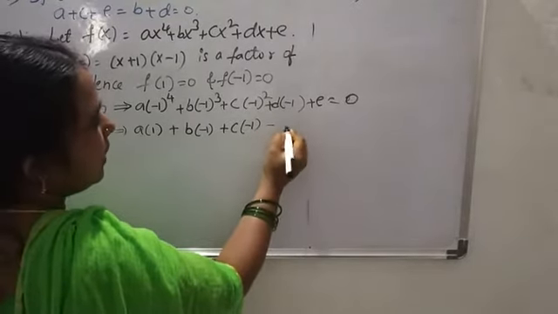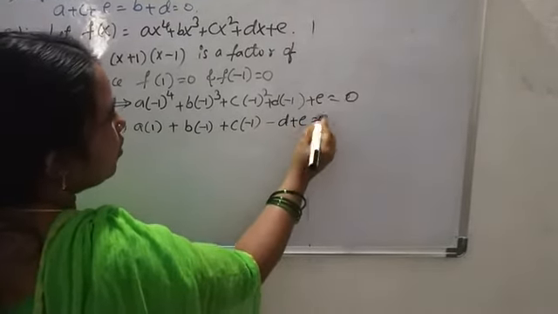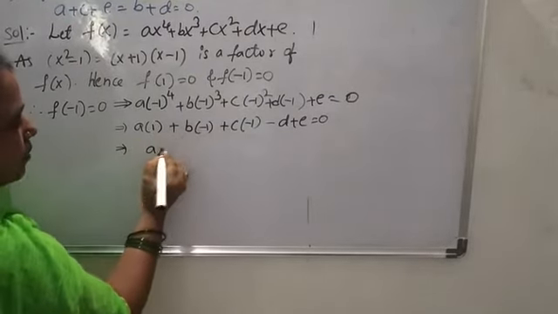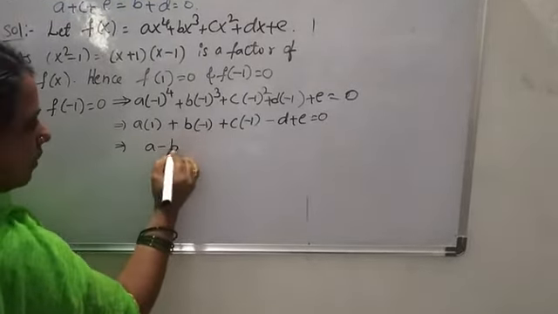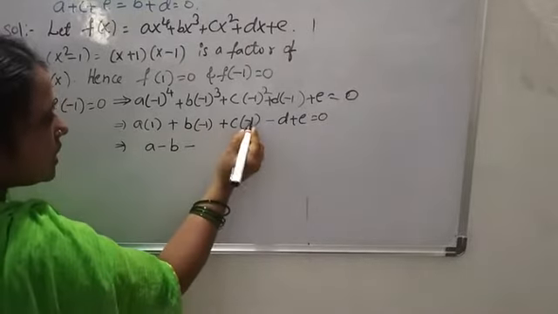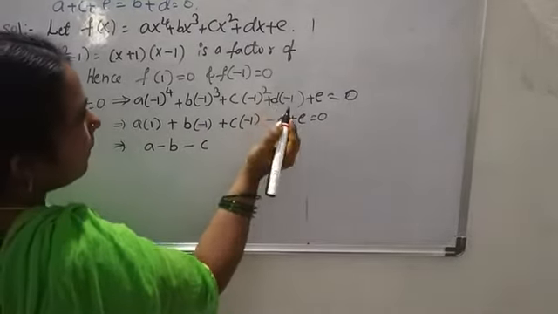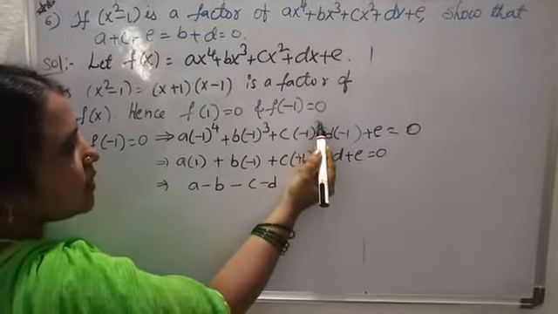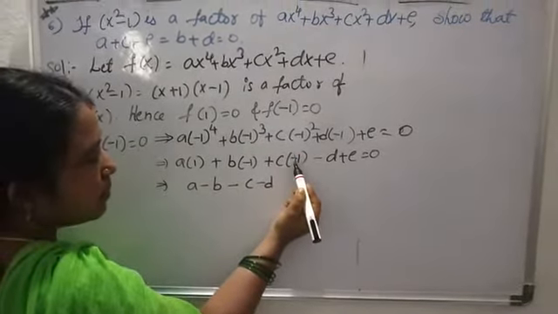So a into 1, a; plus b into minus 1, minus b; plus c into 1, c; and here minus d, plus e is equal to 0. Sorry, here minus 1 whole square means minus into minus becomes plus.